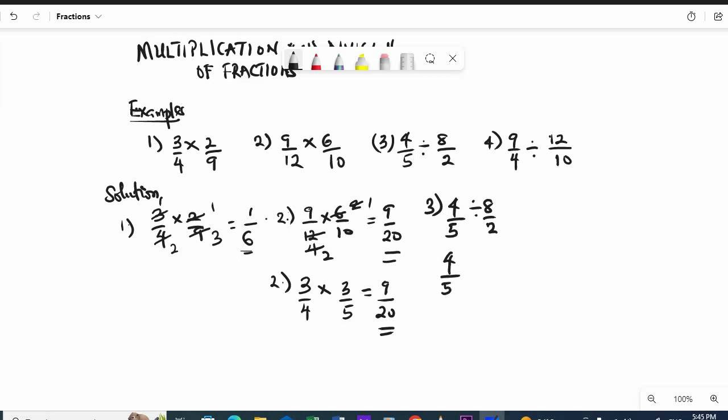Once you invert the fraction, you introduce a multiplication sign. So this is what it becomes. And then we can multiply like we did with the rest. So 2 goes here, that's 4 over 2. 2 goes here, that's 4. 2 goes here, that's 1. 2 goes here, that's 2. So this gives us 2 over 10, which is equal to 1 over 5.